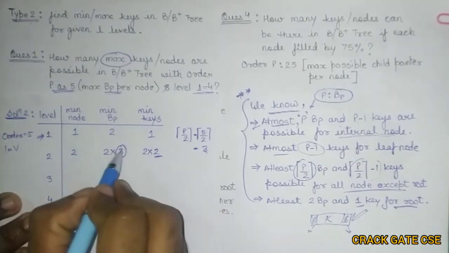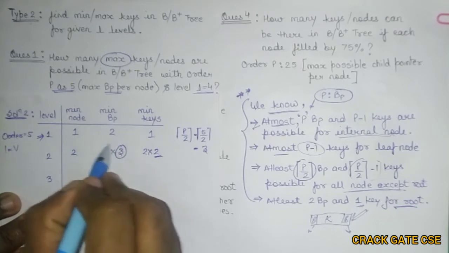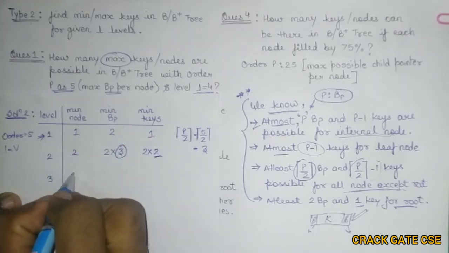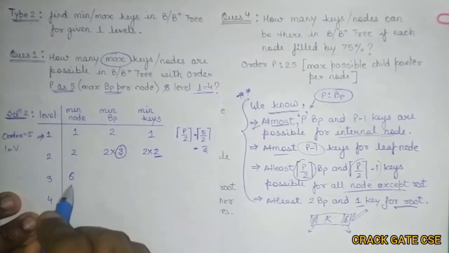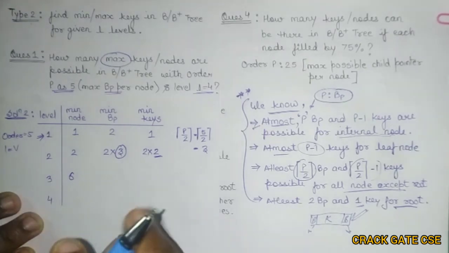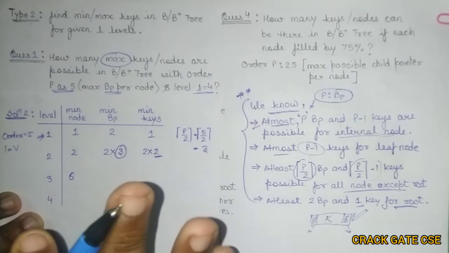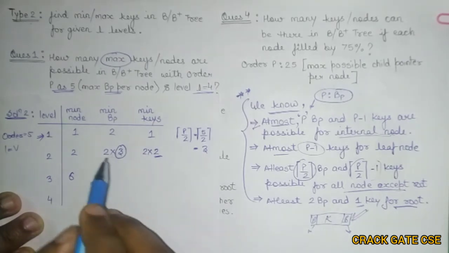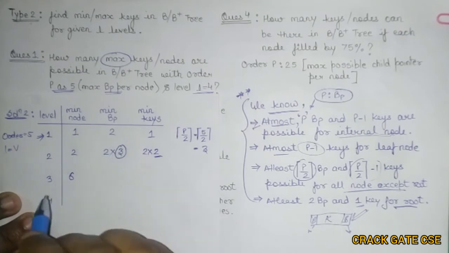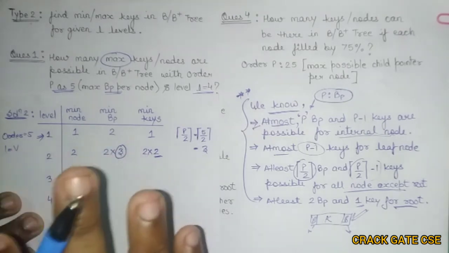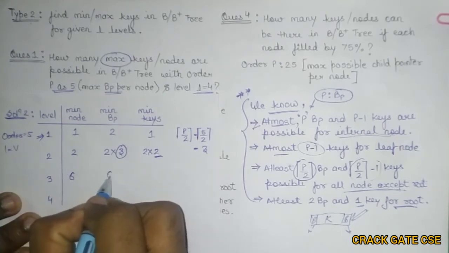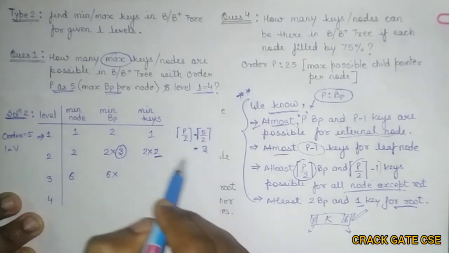So if there are 6 minimum block pointers in the upper level, then because if block pointers are there, they must point to at least one node, so there will be 6 minimum nodes, right? So if there are 6 nodes, again you have to find it in the same way.